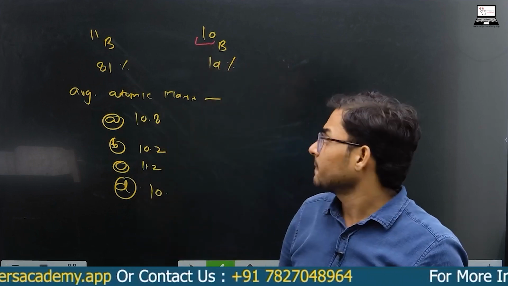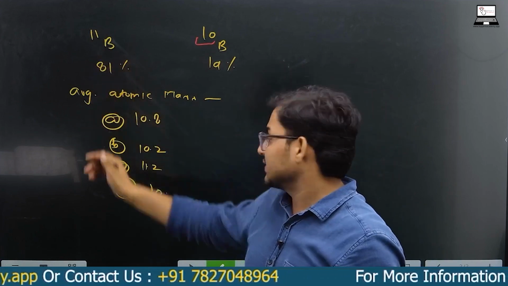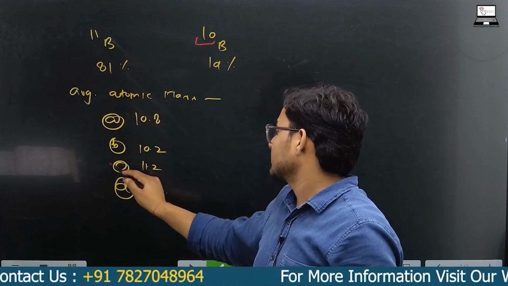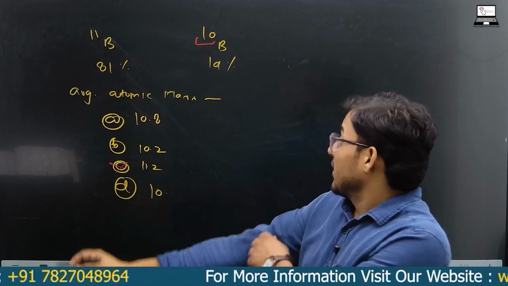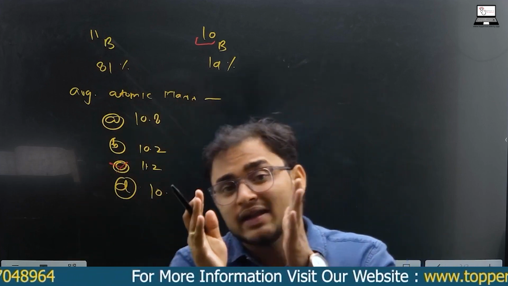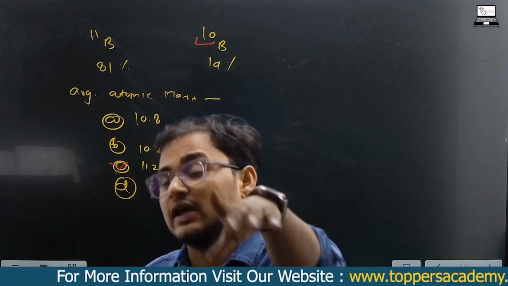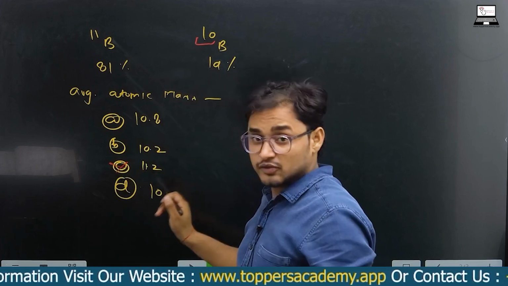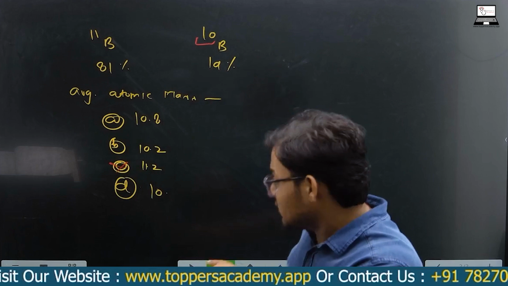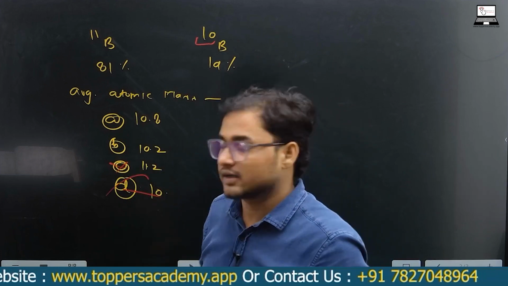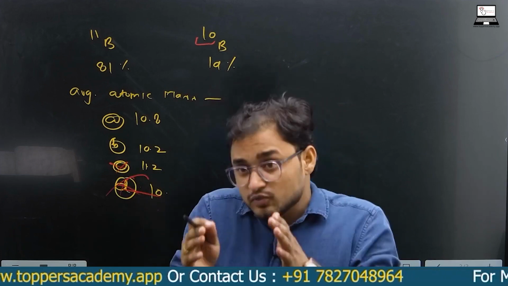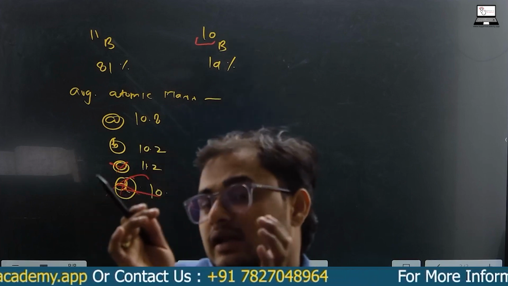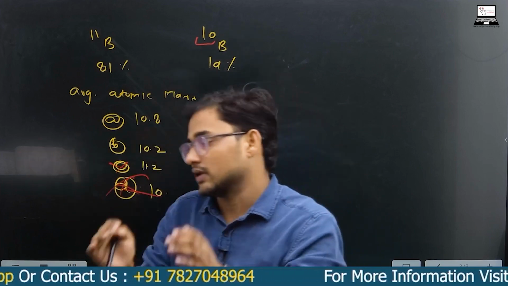No. Is there any option higher than 11? Yes, 11.2, this is a wrong option. The answer will be between 10 and 11, not 10 or 11, so 10 cannot be the right answer either. It is also wrong, because we have to find the answer in between 10 and 11.